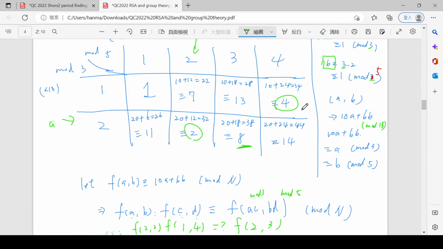So the first part we kind of already did.